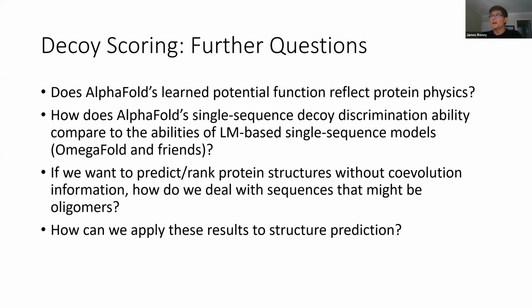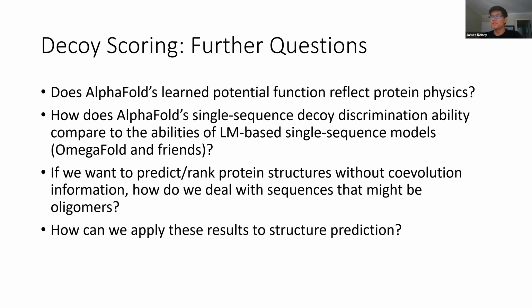And then another question that's been opened up by recent research is how AlphaFold's single sequence decoy discrimination ability compares to the abilities of language model-based single sequence models. These are like OmegaFold and various other models that don't use MSAs, but instead substitute that for the evolutionary information learned by language models.